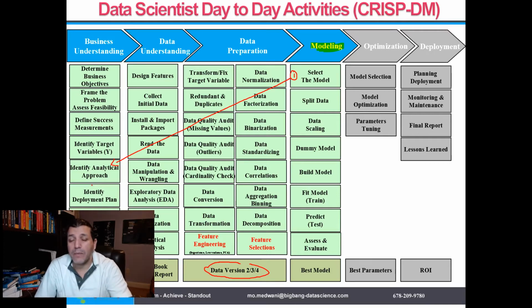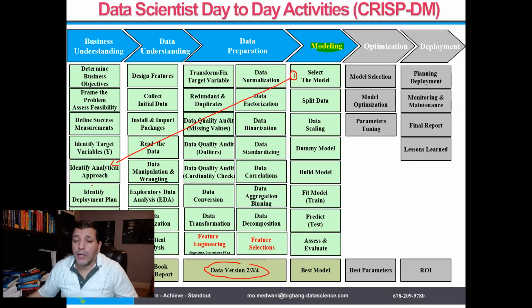I'm going to list some of them. You could use decision tree, random forest, bagging, boosting, support vector machine, logistic regression, k-nearest neighbor, KNN, or artificial neural net. You could use naive Bayes, and of course there are a lot of models that you could use.